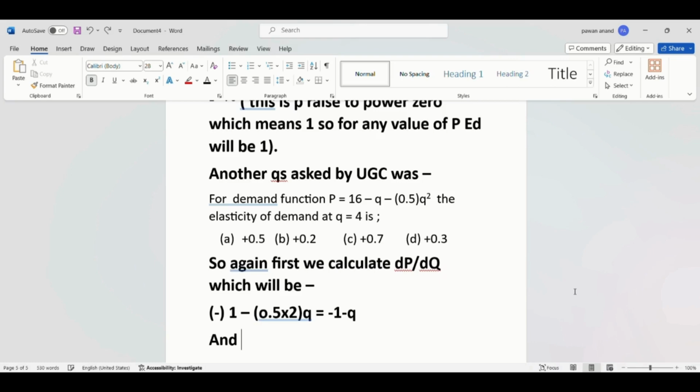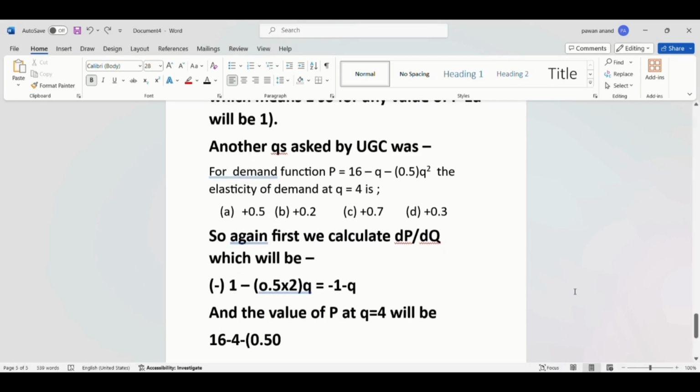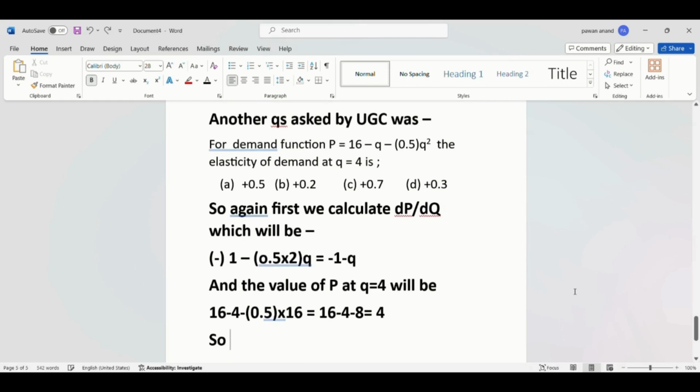Now the value of P at Q is equal to 4 you can get by putting the value of quantity as 4 in the demand function. You get P is equal to 4, and then we put all these things in the formula of ED. The value of dQ upon dP is 1 upon minus 1 minus Q, which is the inverse of the slope.